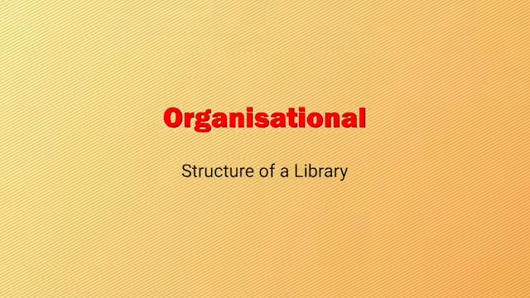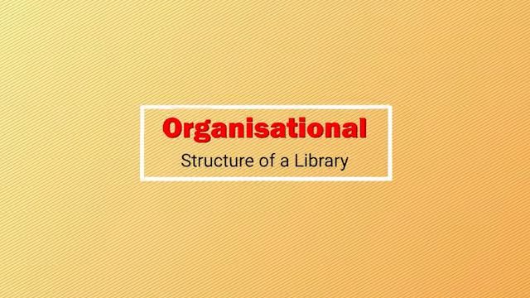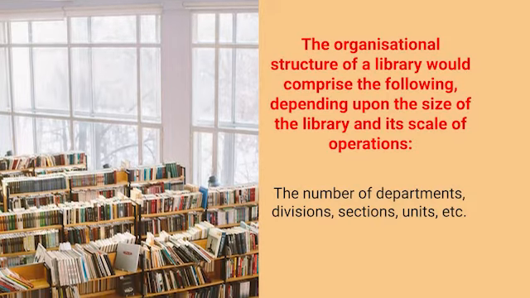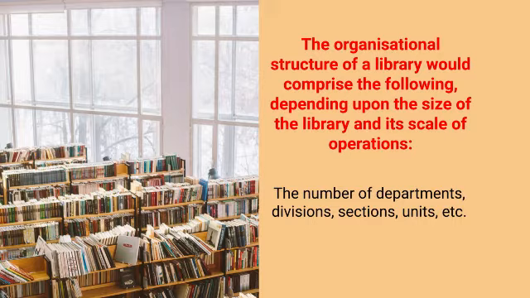So the organizational structure of a library would comprise the following depending upon the size of the library and its scale of operations. Now, libraries are of different sizes. It could be a national library, a public library, an academic library, a special library, several kinds of libraries.